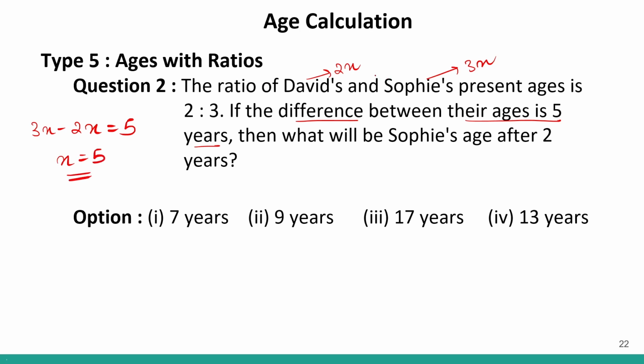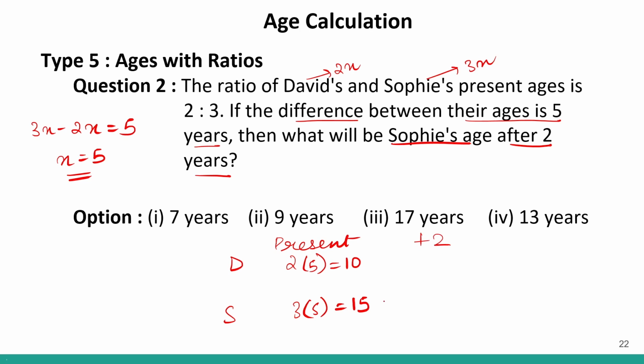If x's value is 5, the present age of David and Sophie: David will be 2 into 5, that is 10, and Sophie will be 3 into 5, that is 15. Correct? This will be the present age. We have to find Sophie's age after 2 years. So after 2 years, Sophie's age will be 15 plus 2, that is 17 years, which is given in option number 3. So option number 3 will be the correct answer to this question.